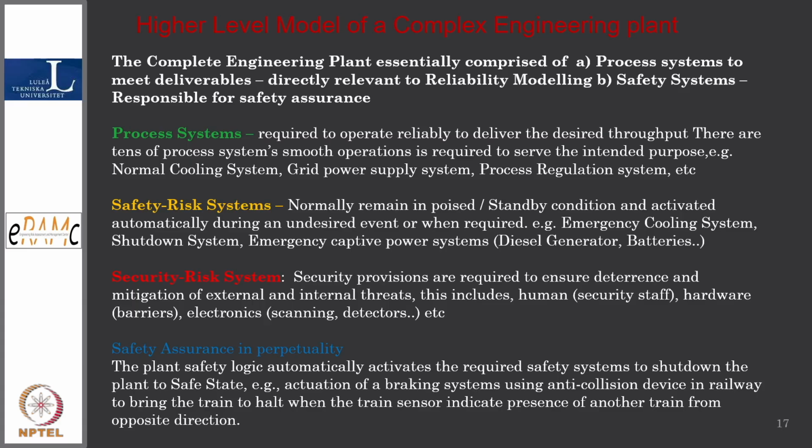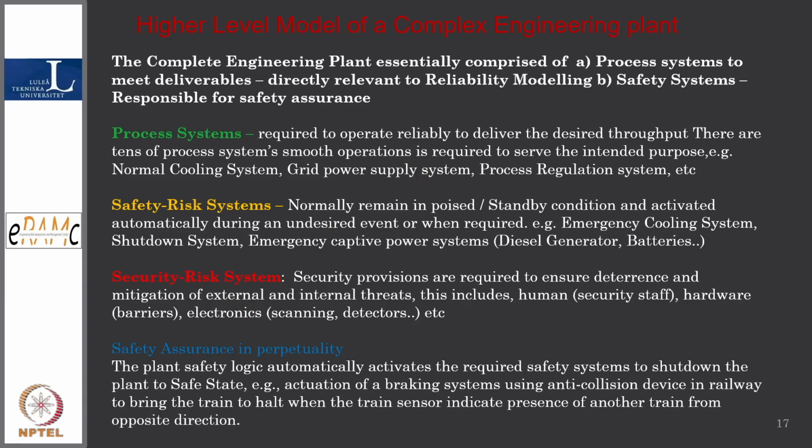And on this slide, I am giving one more important aspect of complex engineering systems, that is security risk. Earlier we used to talk about safety risk only. Now there is a security risk. So safety and security have become important given the present context. These three aspects are very important, and safety assurance is assured where security also becomes part of it on a perpetual basis.